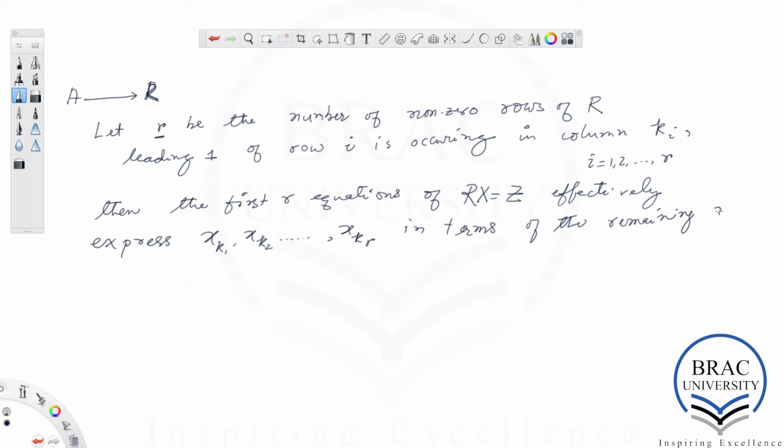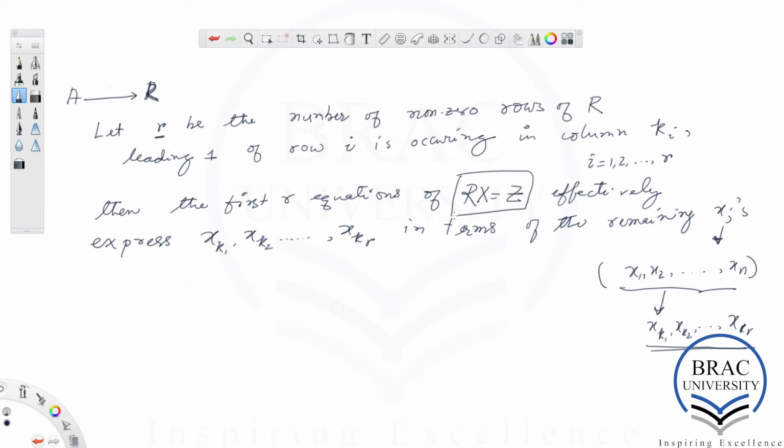When I say xj's, I mean that from the n-tuple x1, x2, all the way up to xn, we separate the xk's, xk1, xk2, up to xkr, which are the leading variables of this system.